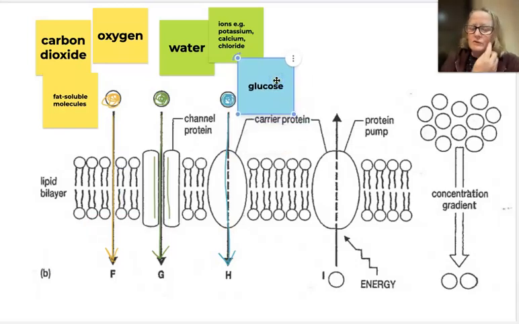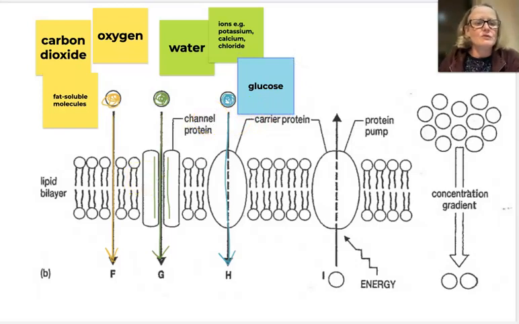So glucose, which I've done in blue here, when it joins onto the protein on the outside of the membrane, that whole protein changes shape and essentially just spits out the glucose on the inside. So there's never an open hole, it's a change in shape that forces the glucose through the membrane. But it's still happening passively, there's no energy involved, and it's still moving down the concentration gradient.